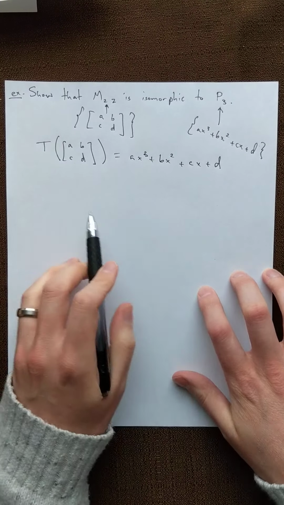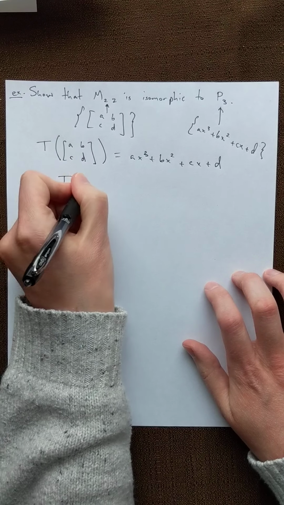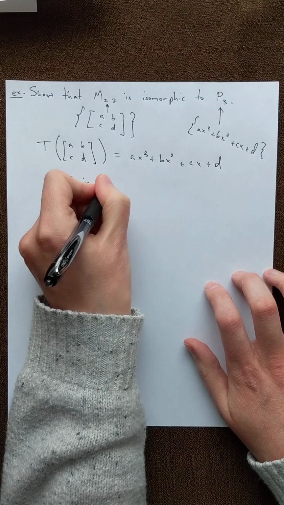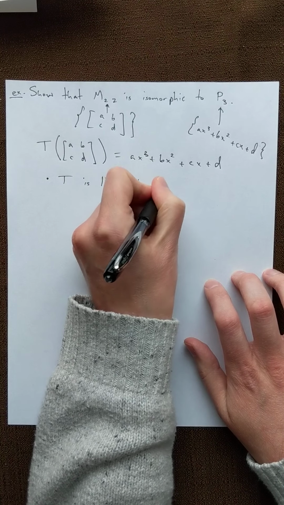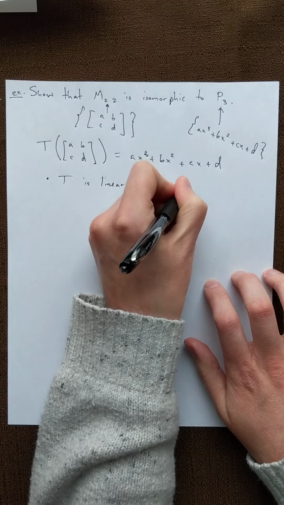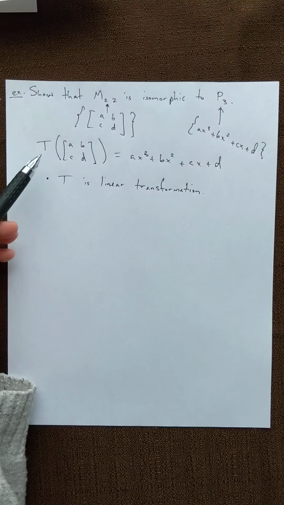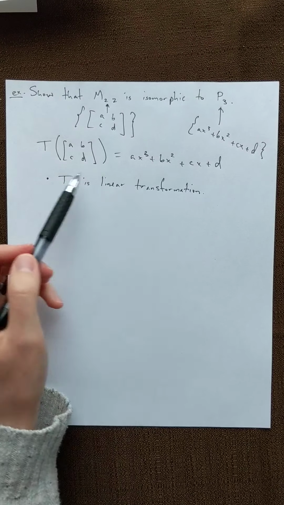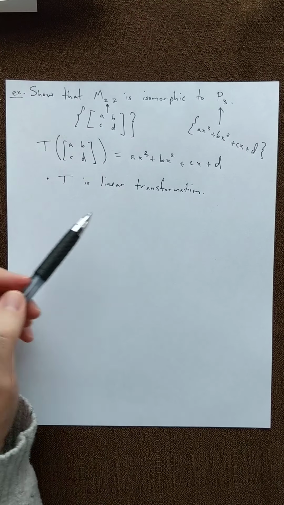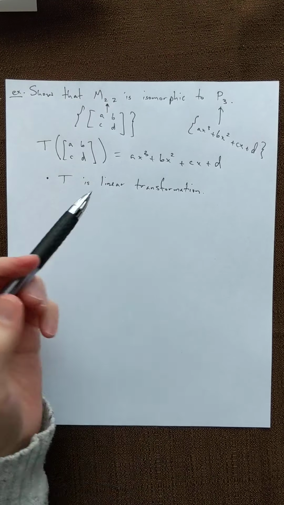So there's a lot of things we would still have to check, and I'm not going to show every little detail, but it turns out it is true, T is a linear transformation. We would have to check that T of matrix plus matrix is equal to T of the first plus T of the second. We'd have to show that T of a constant times a matrix is a constant times the answer, T of the first.